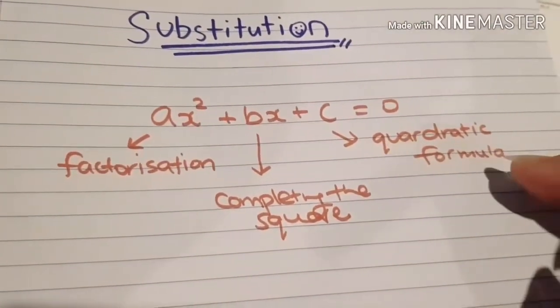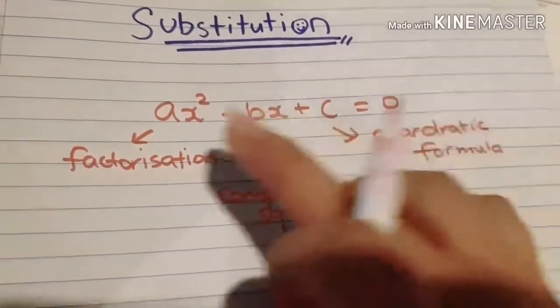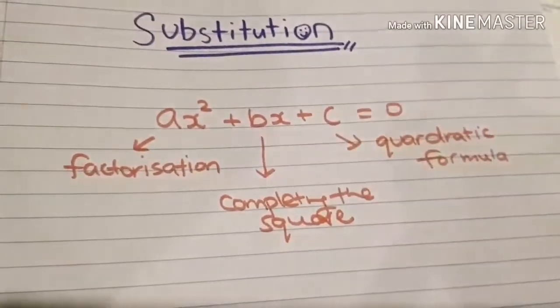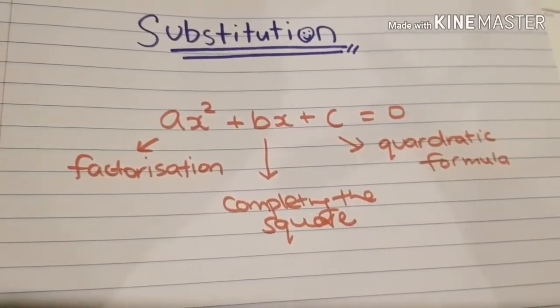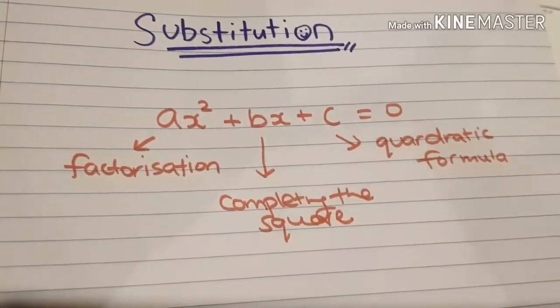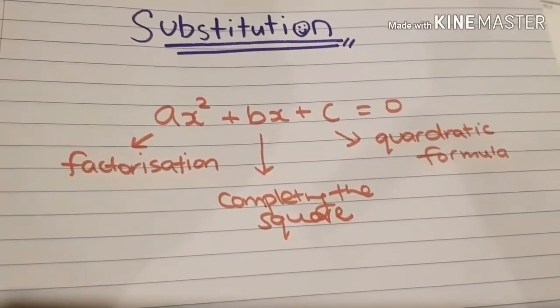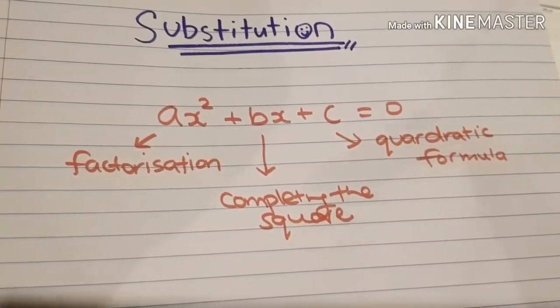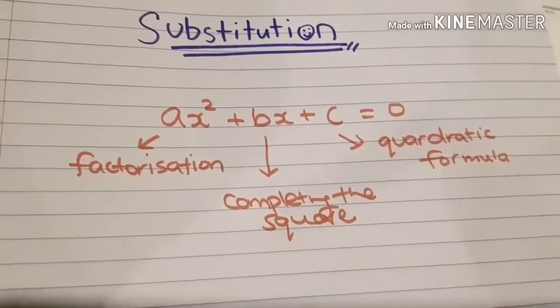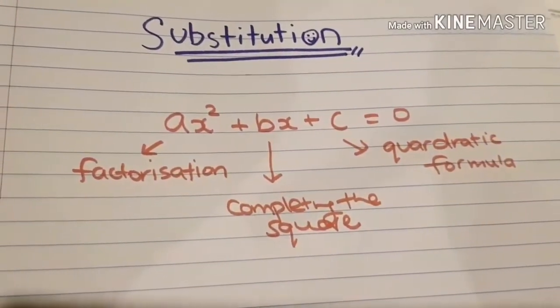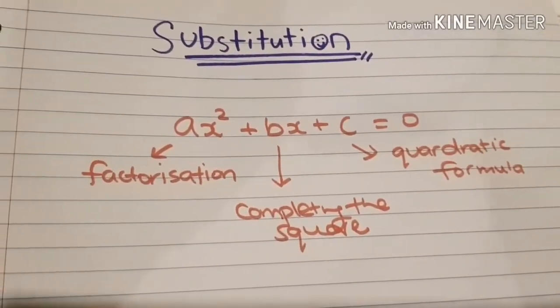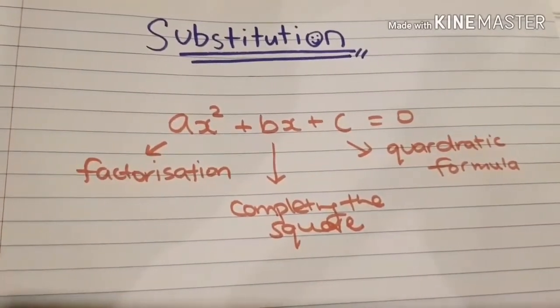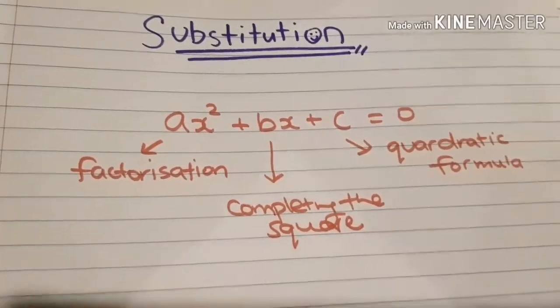Right, when do we use the quadratic formula? When those a, b, c cannot be factorized into nice numbers, or if the numbers are too big, and if it's too difficult to factorize or complete the square, then you can try the quadratic formula. It's the easiest way because we just put it in the formula and find out the value of x.